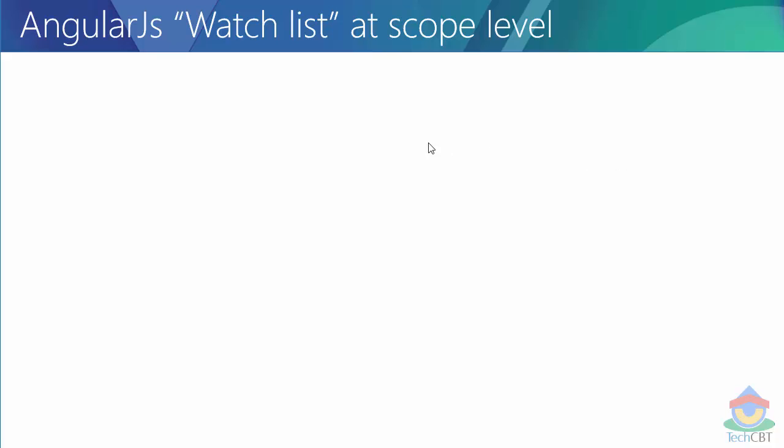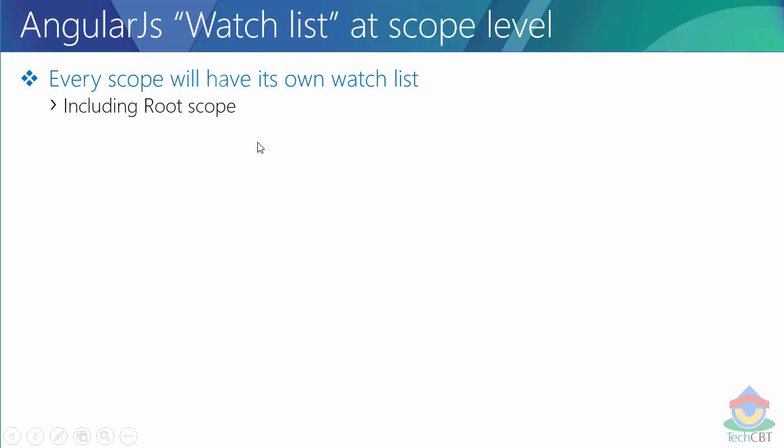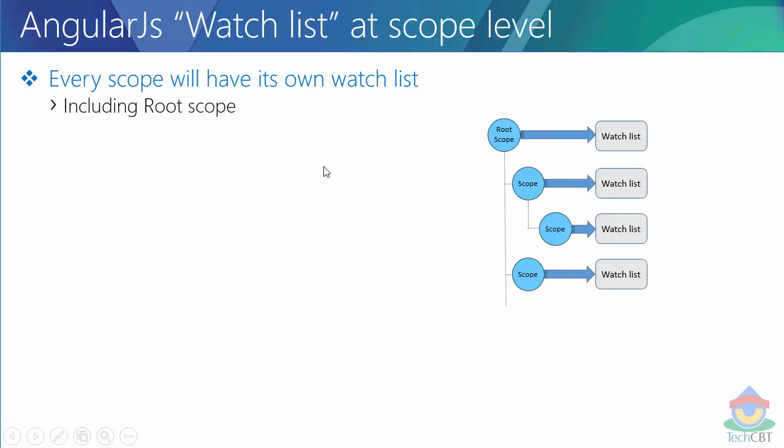Okay, so we did not really speak about the watchlist at the scope level. In simple words, every scope is going to have its own watchlist associated with it. So if you have 2 or 3 scopes as part of your controllers or templates, we are going to have a respective watchlist maintained for each of those scopes individually. If you have 3 scopes, you are going to have 3 watchlists because every scope is different.